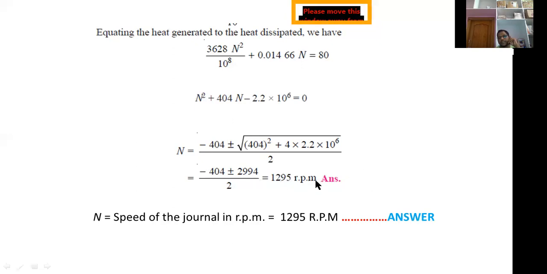You press the mode option on the calculator, and from the equations option you can easily get the answer. So the final answer is capital N equal to 1295 rpm.